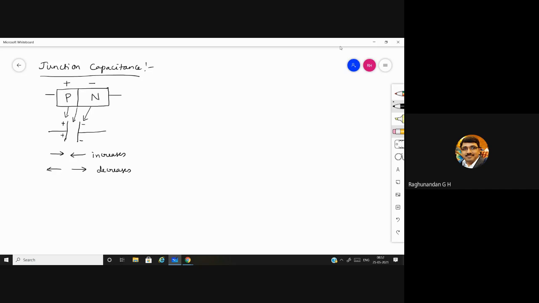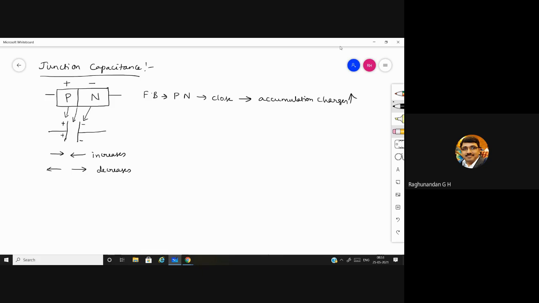Yes, very good. When we do forward bias, the P and N layers move closer to each other, so the accumulation of charges increases. When the P and N layers are closer, the junction is narrow, and the movement of charges increases, which means the forward current increases.